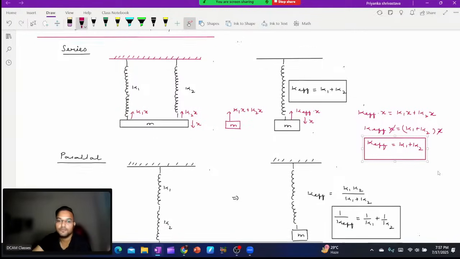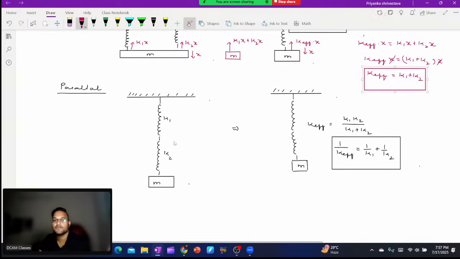Now in the case of series, it is a different thing. If this spring is moving down by x1, this spring may be moving down by x2. The net drop for M is x1 plus x2.